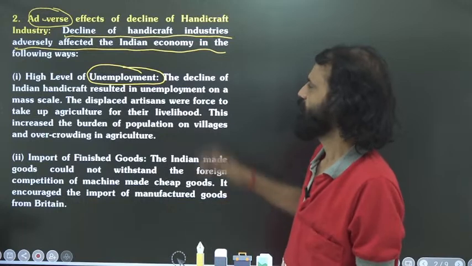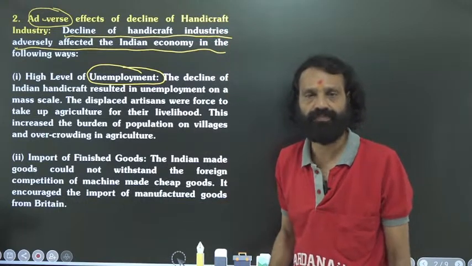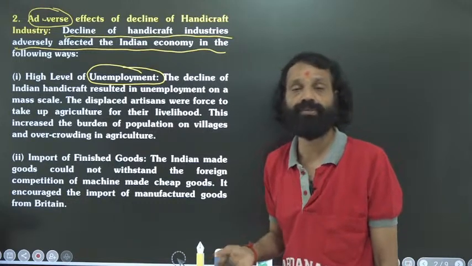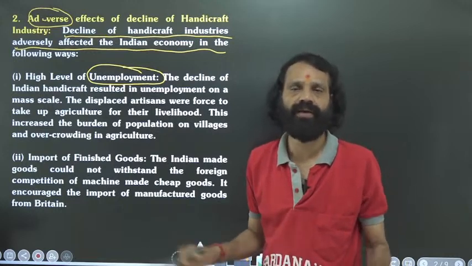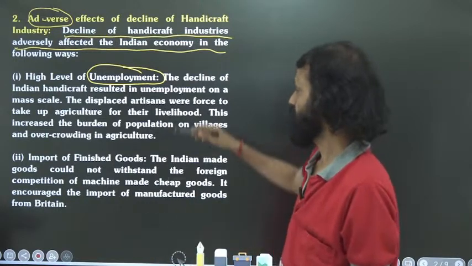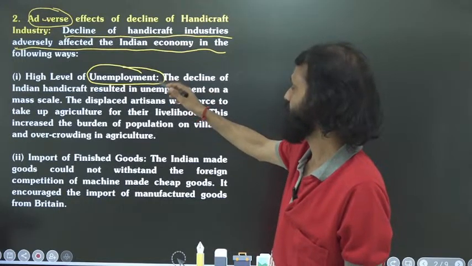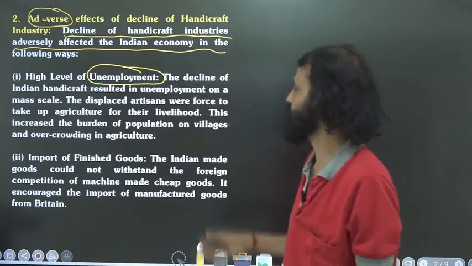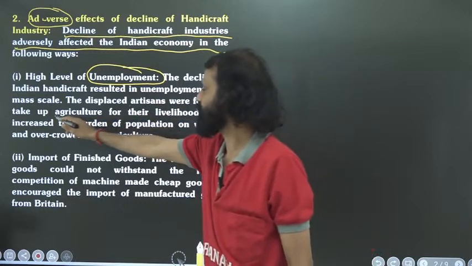The handicrafts industry found its worst time when Britishers ruled. Why? Because Britishers implemented a new economic policy that totally destroyed the handicrafts industry. Unemployment took place. Then the people who lost their job in handicrafts moved to the agriculture field.